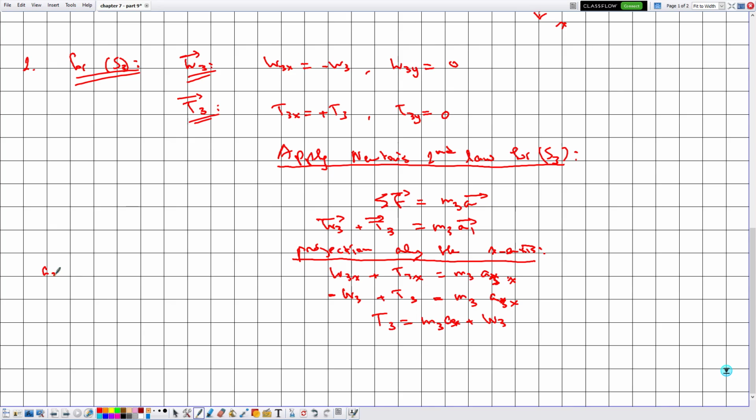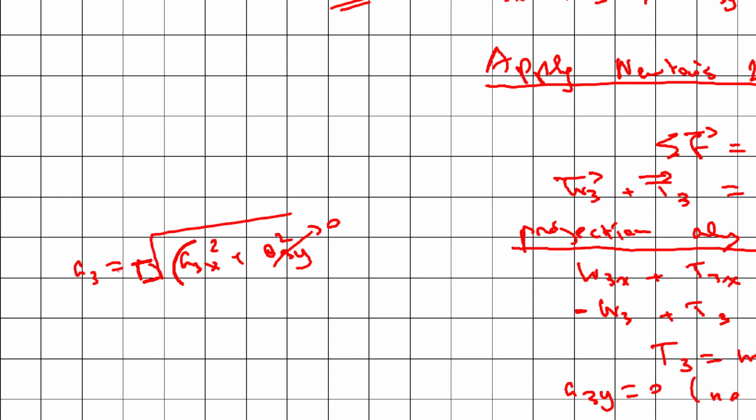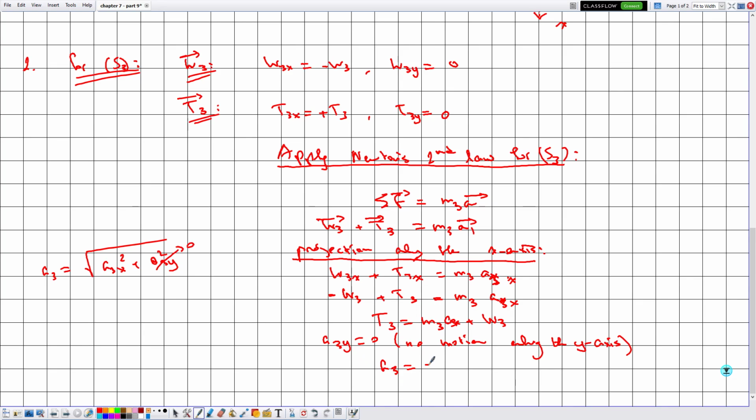Now A3 is given by the square root of A3x squared plus A3y squared, and A3y is equal to 0, no motion along the y-axis. So simply A3 is equal to plus A3x.